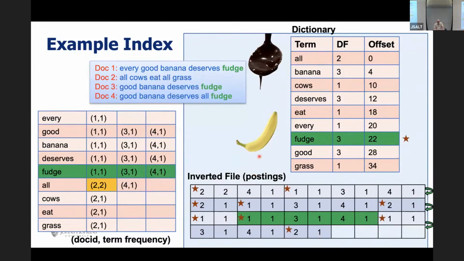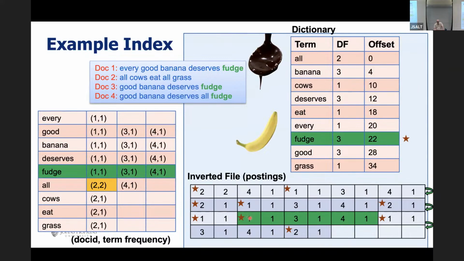So if we want to find the word fudge, we look up fudge in our dictionary, and it says, oh, fudge is in 3 different documents, and it starts at offset 22. Okay, so here these are 10, so that's 0, 10, 20, 21, 22. So fudge starts here, and there are 3 documents that contain it, according to the dictionary.